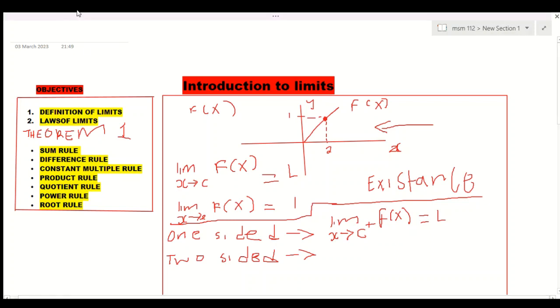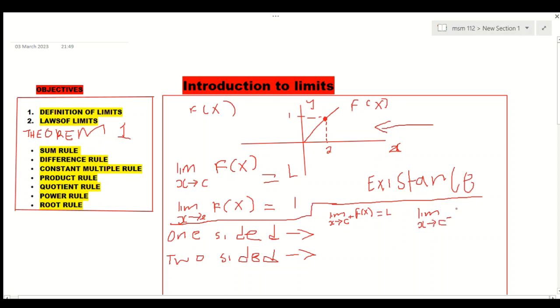So let me just reduce this so that I give you another example of a one-sided limit. Another example is the one which comes from the left hand side. So limit as x approaches c from the left hand side.